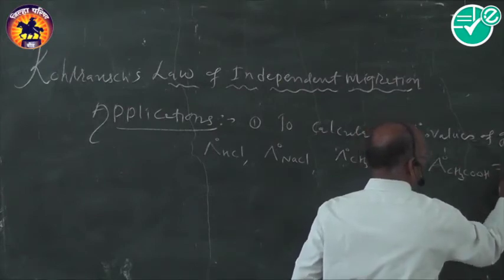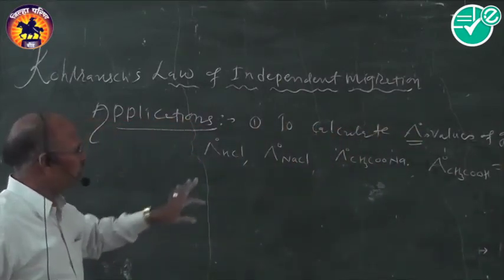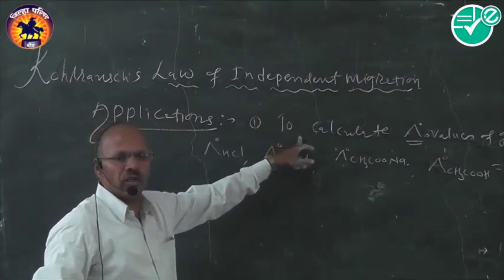You have to work out the molar conductivity of acetic acid. It is the first application of Kohlrausch's law.